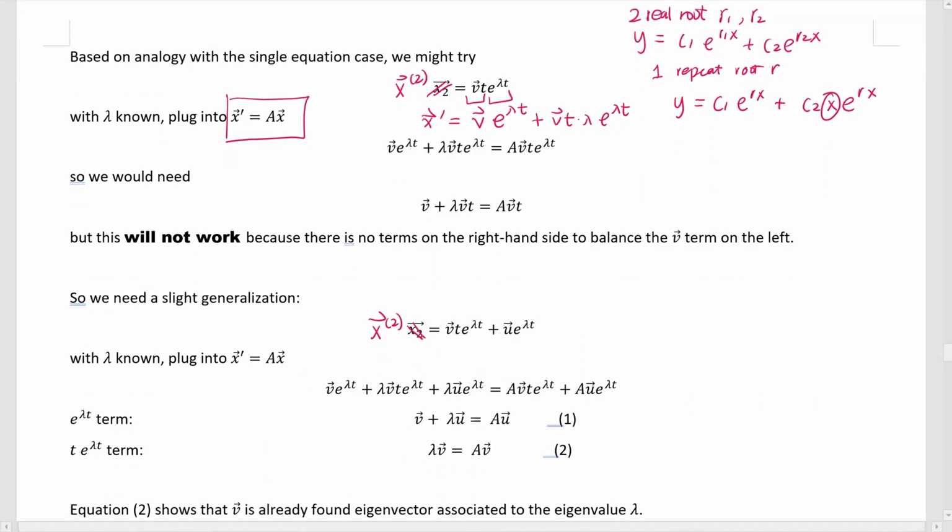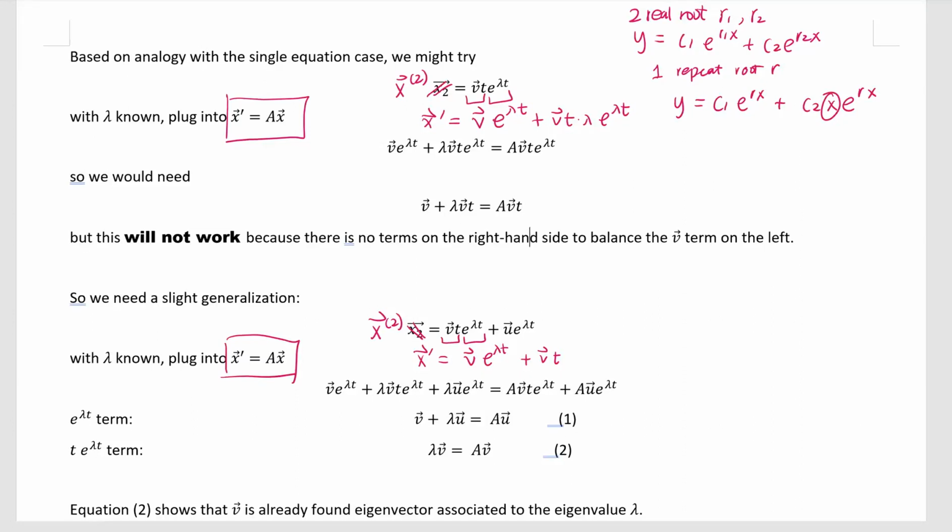Now let's plug into our differential equation again. What's the derivative? Here is the product rule. The derivative of the first guy is v e to the lambda t plus vt times the derivative of e to the lambda t, which is lambda e to the lambda t. By the way, the product rule for vectors is the same as in single variable.